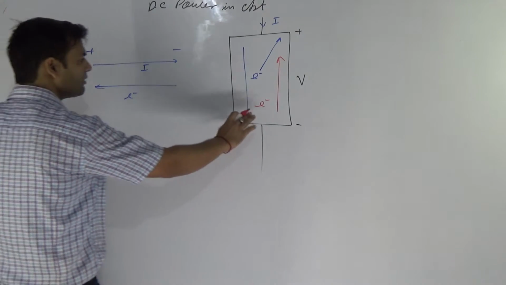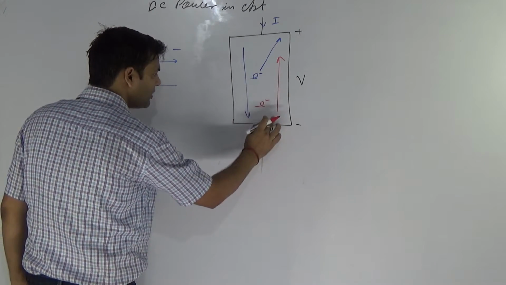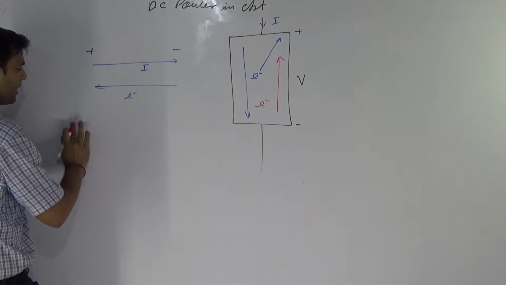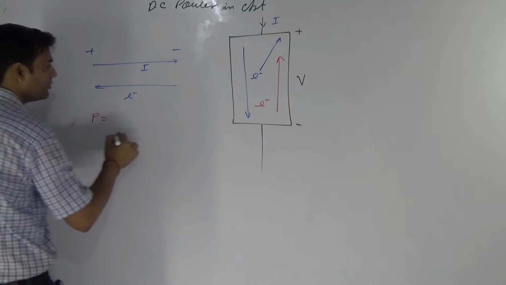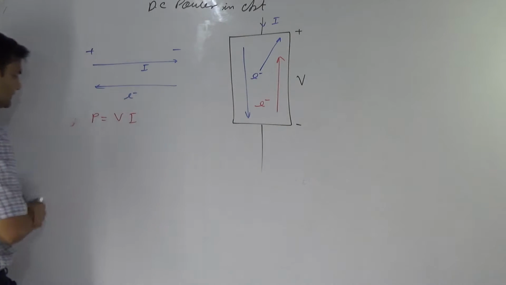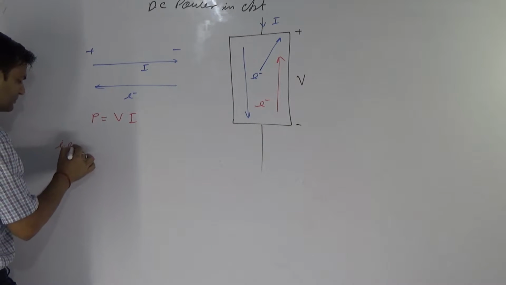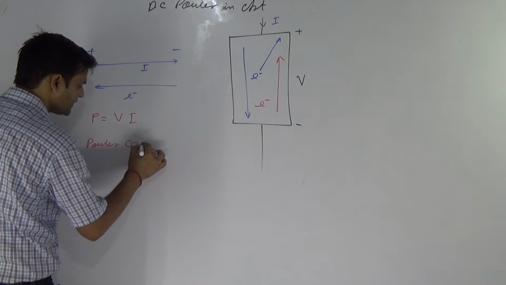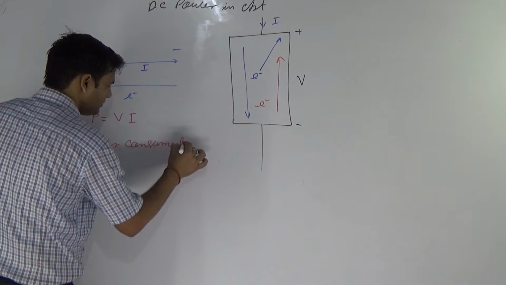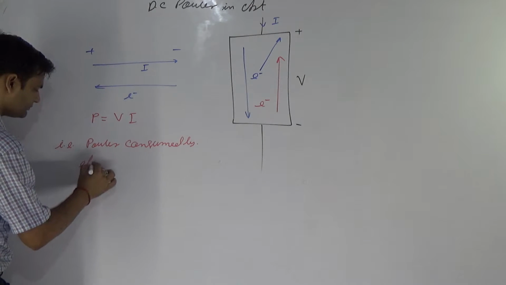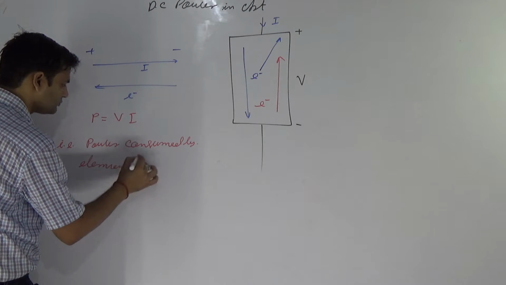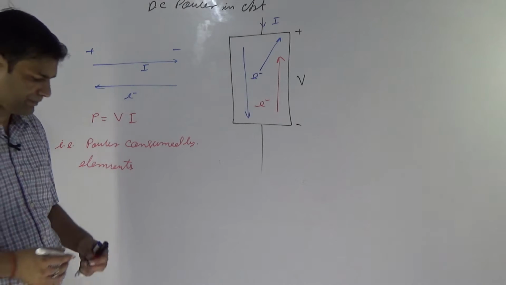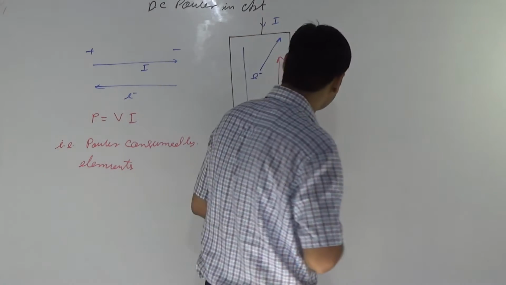No external power is required for the electron to flow from minus to plus. That's why power P is equal to V into I. That is power consumption, power consumed by the element. Is it clear?